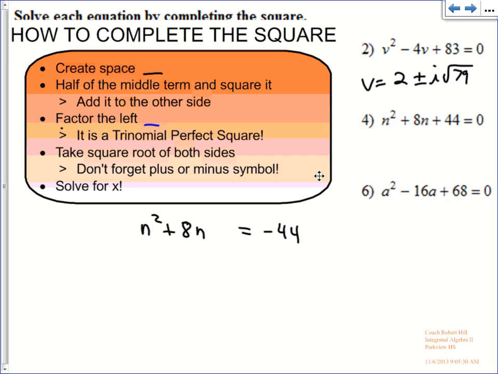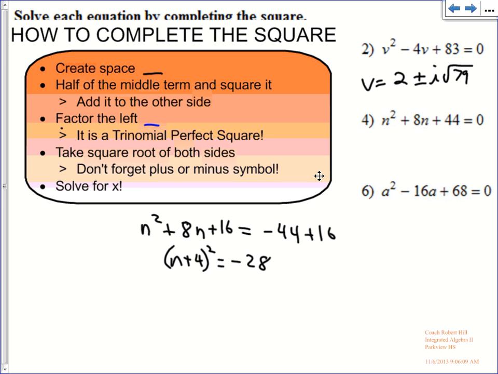Don't mess that up with the one earlier today, guys. Earlier today, y'all told me this one was a candidate. Remember, the leading coefficient is 1. So n squared plus 8n plus 16 is n plus 4 squared equal to negative 28. While I'm looking out at you guys, I'm thinking about the square root of 28 in my head.